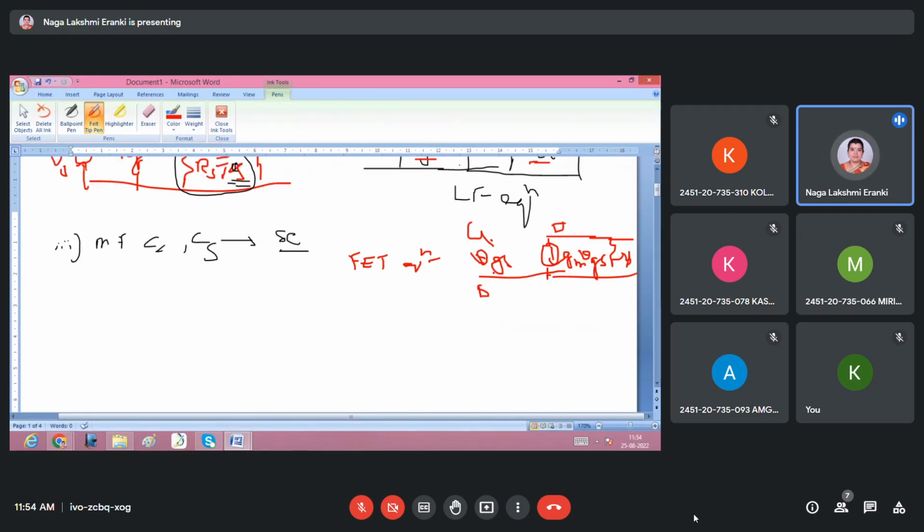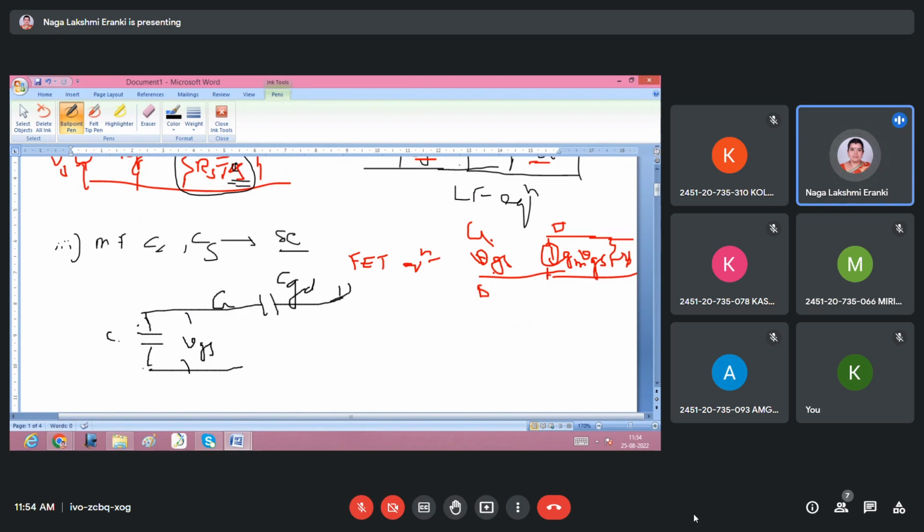The high frequency equivalent consists of a capacitor at the input. Here VGS is there, right? In between gate and drain there is a capacitance called CGD.